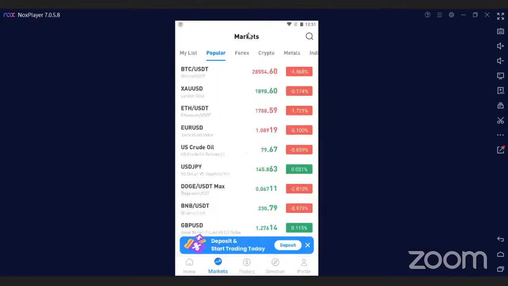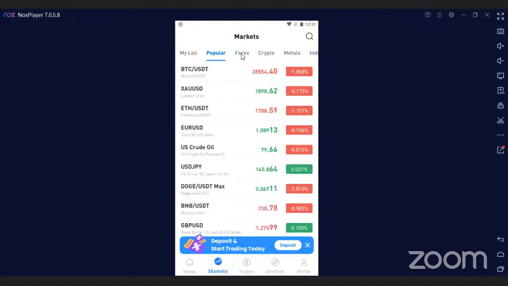Then you wait for the market to load, and here you can search for any pair, any asset you want to trade. You see, those are the popular pairs. Then we have the forex pairs, the crypto pairs, the metals, the indices, and so on.